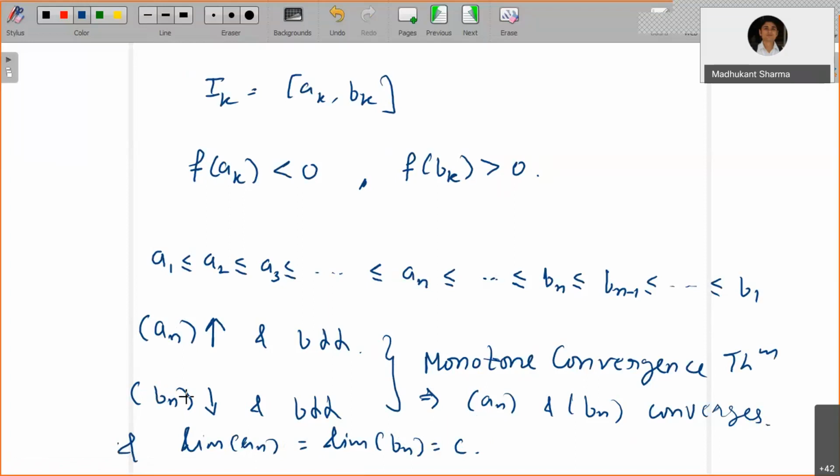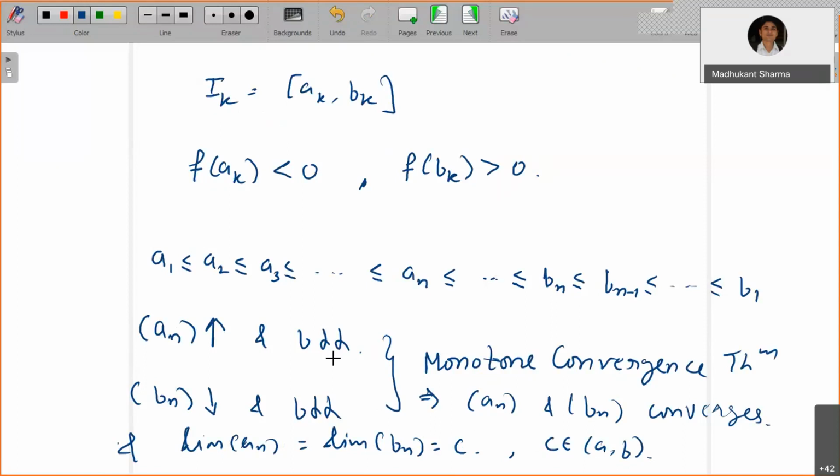Then we will discuss what the f of c value is. So c must lie inside the interval [a, b]. That is a part of every interval Ik, meaning the intersection of the Ik will never be empty. That you can show.